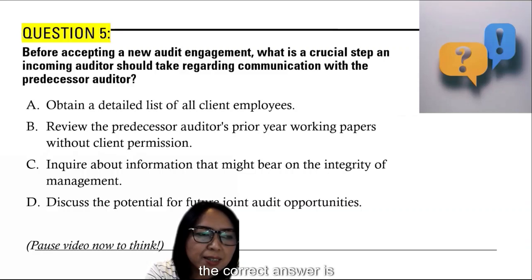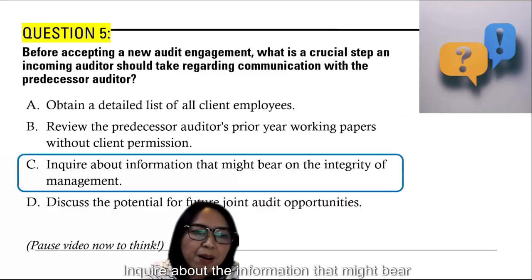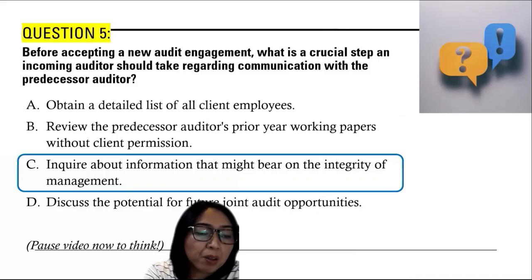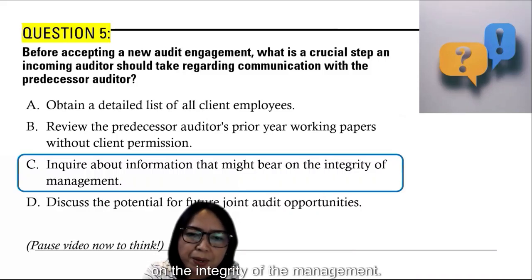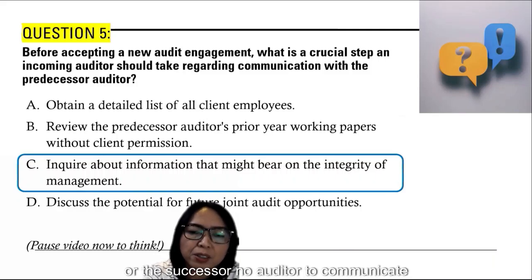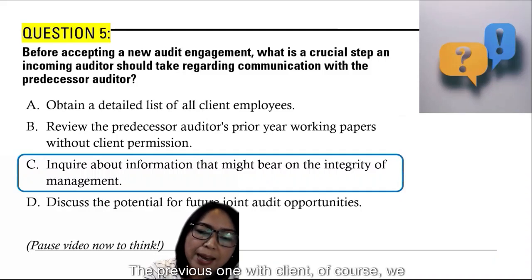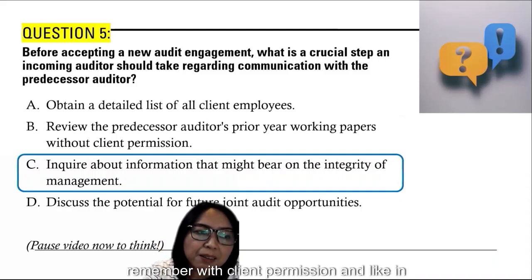The correct answer is letter C. Inquire about the information that might bear on the integrity of the management. Professional standards require the incoming or the successor auditor to communicate with the predecessor auditor, with client permission, of course.